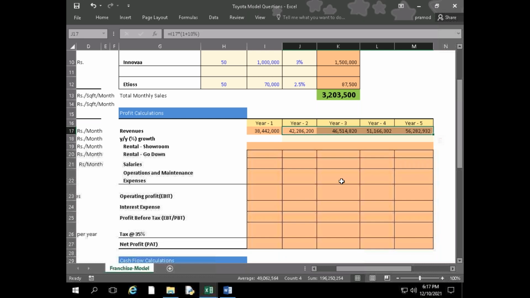Sir, I sent one pic on WhatsApp, sir. I'm getting that value symbol, sir. The formula is a mistake.